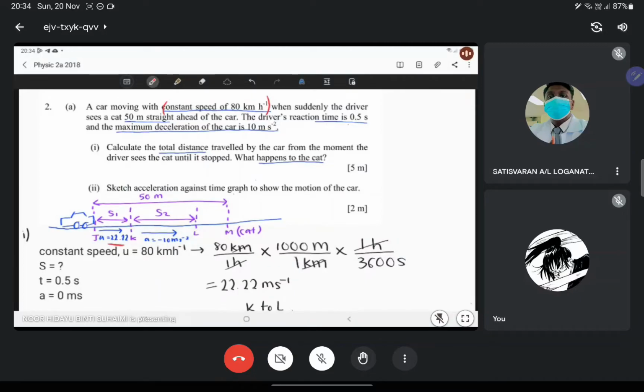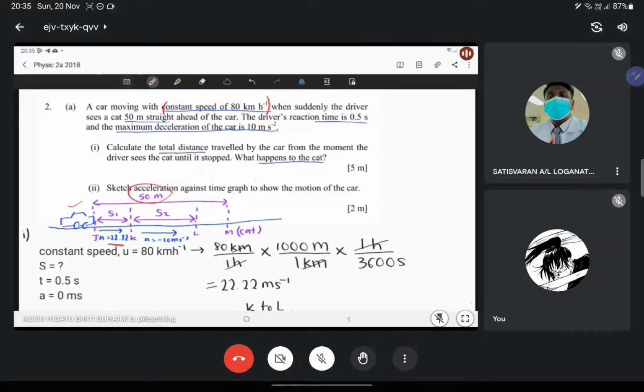Then suddenly the driver sees a cat 50 meters straight ahead of the car. Maksudnya daripada kereta ni dia nampak kucing tu 50 meter. Then the driver's reaction time is 0.5 second and the maximum deceleration of the car is 10 meter per second squared.